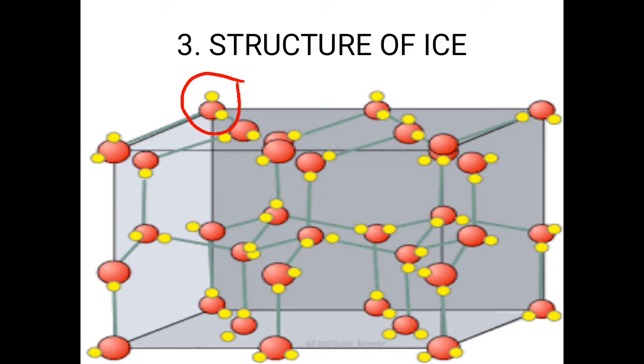When we freeze liquid water, it becomes ice, but the density of ice is lower than that of water due to this open structure of ice. There are also two lone pairs of electrons available on the oxygen atom of the water molecule. So this is how the water molecule can attract from four sides, which gives us the tetrahedral structure.